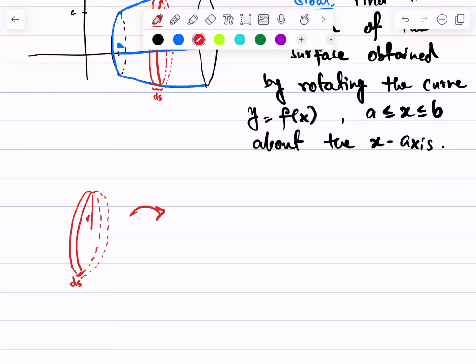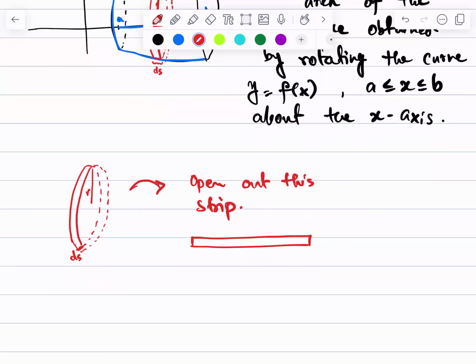What we can do is open out this strip. Then it'll look like this, right? Just a sheet where 2 pi r is this length, because that's the perimeter of the circle, and this length is ds.